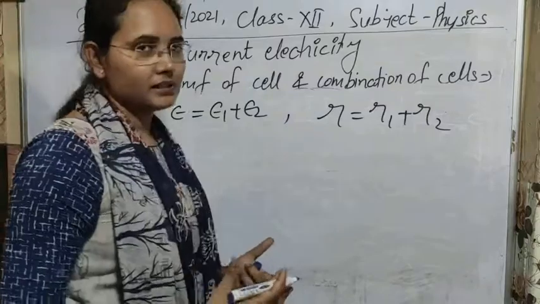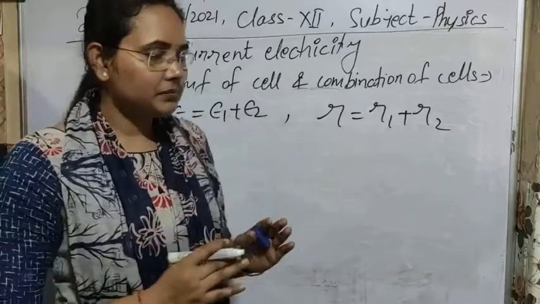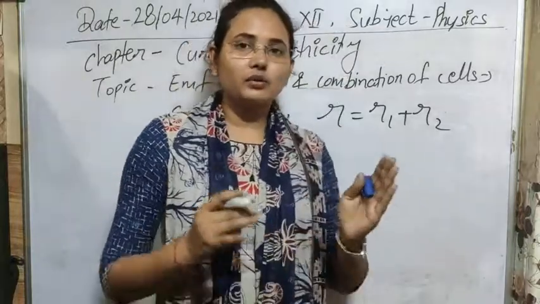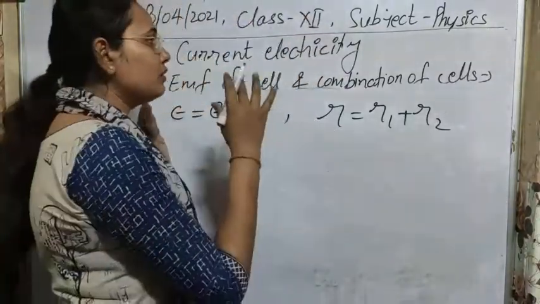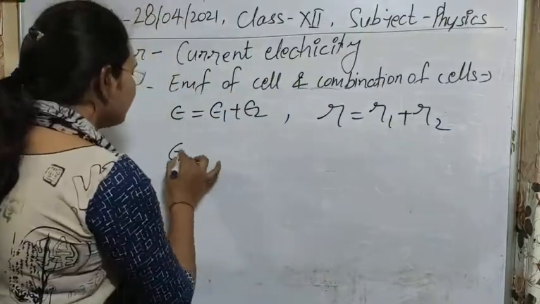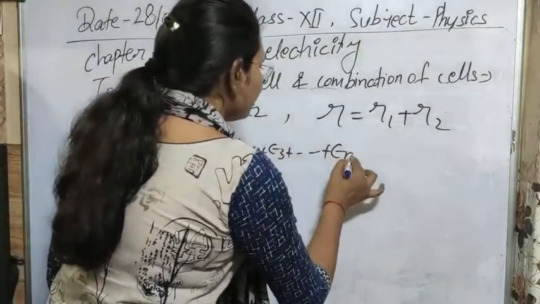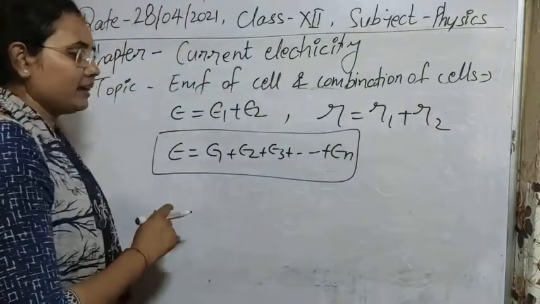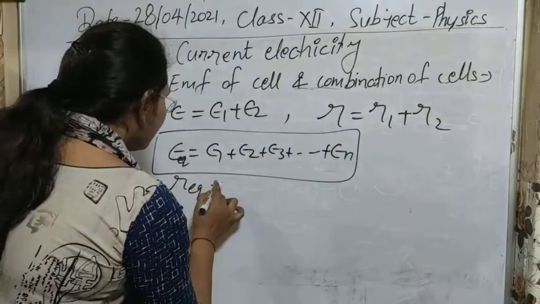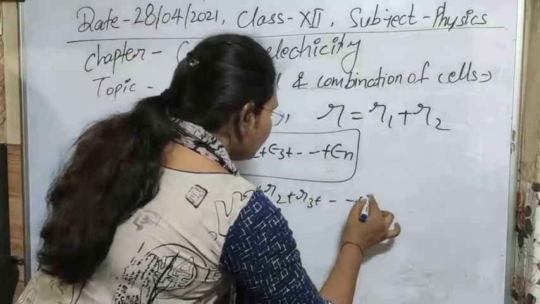Suppose we have n cells connected in series, with EMFs epsilon 1, epsilon 2, epsilon 3 up to epsilon n, and internal resistances R1, R2, R3 up to Rn. How can we find their equivalent EMF and internal resistance? In general form, E equivalent is epsilon 1 plus epsilon 2 plus epsilon 3 and so on up to epsilon n, and R equivalent is R1 plus R2 plus R3 and so on plus Rn.